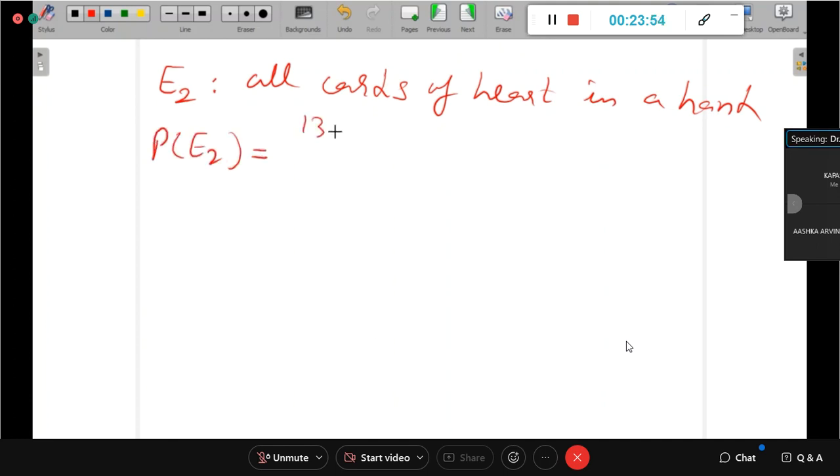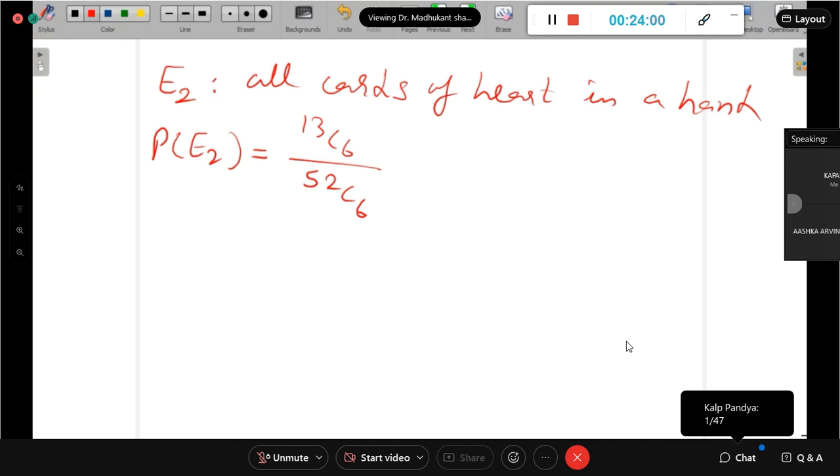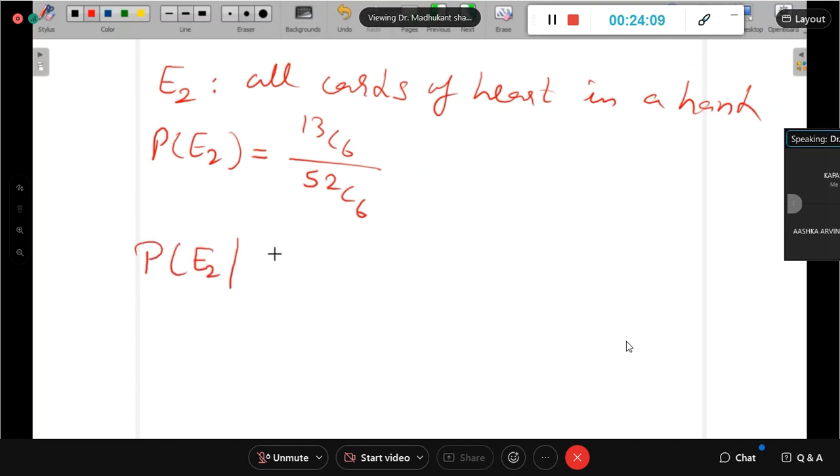So that's the event. The probability of E2 is going to be 13C6 divided by 52C6. Now, what do you want? You want the probability of E2 given that E1 had happened.